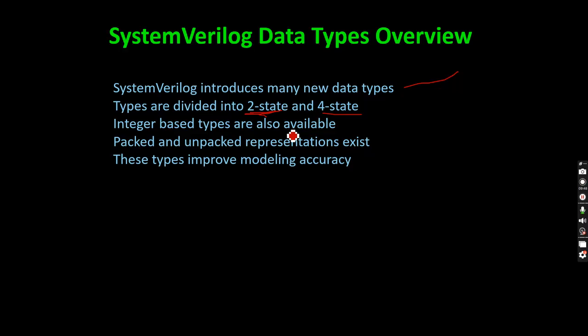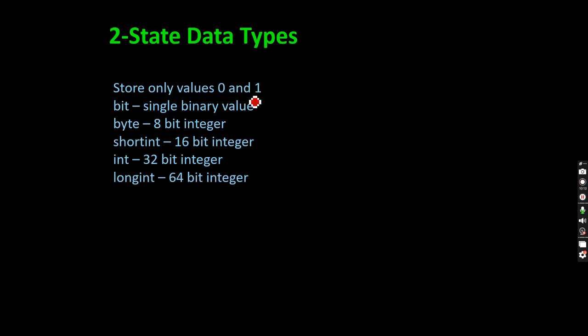Integer-based types are also available, and packed and unpacked arrays, which will be introduced further. Packed means every bit is packed. Unpacked means we can assign the values differently and manipulate them. These types improve modeling accuracy. So for improving the accuracy, we are introducing these data types. So these are the two-state data types.